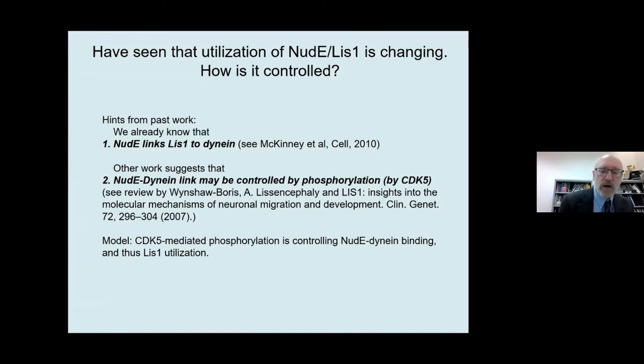And there was other work that suggested that the strength of the dynein-NudE interaction could be controlled by CDK5 phosphorylation. So the model that we entertained was this idea that CDK5-mediated phosphorylation was controlling NudE dynein interactions and thus Lis1 utilization.